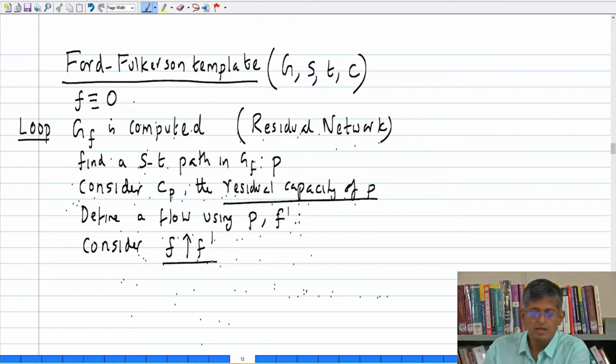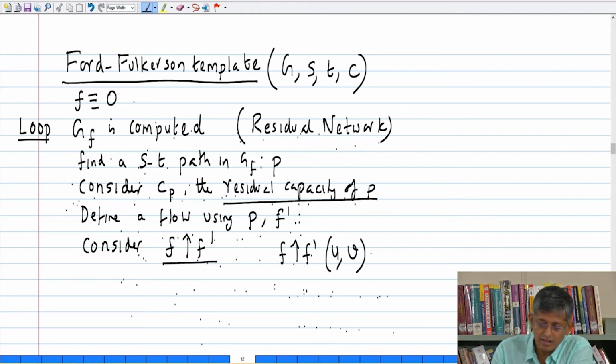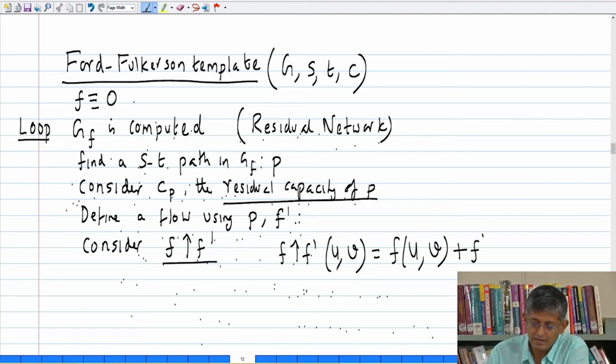Now let me, in the reverse order, define the values of these parameters. So f augmented with f prime of u comma v will be equal to f of u comma v, which is the flow that you started out with at the beginning of the loop, plus f prime of u comma v minus f prime of v comma u.